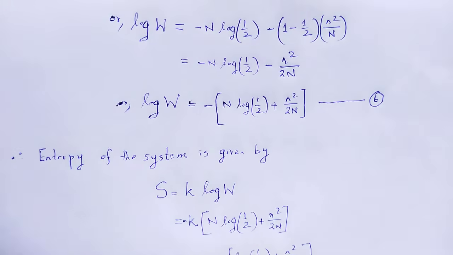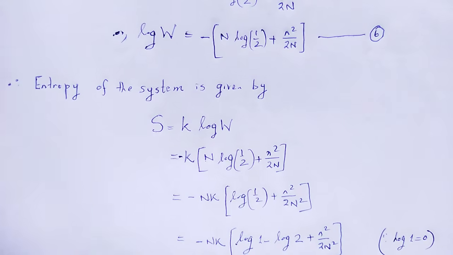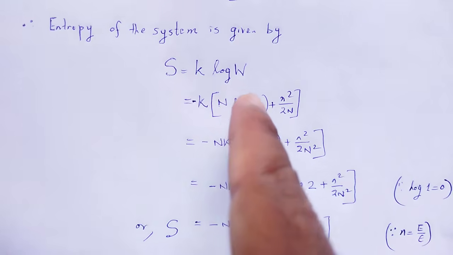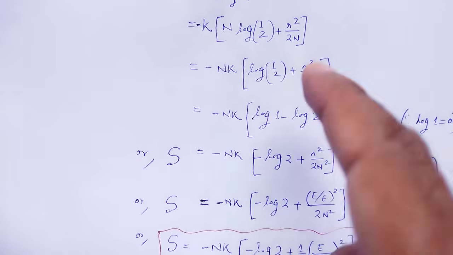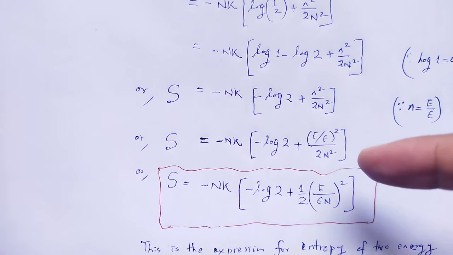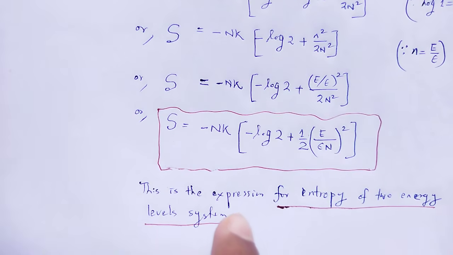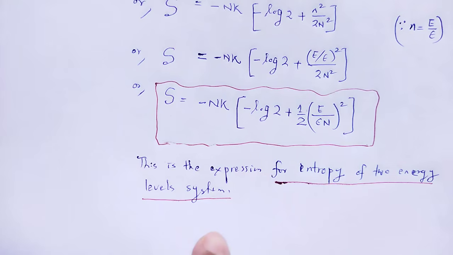Then, by using the definition of entropy for statistical mechanics, S is equal to K log W, we put log W and simplifying it, finally we obtain the expression for entropy of two energy level system.